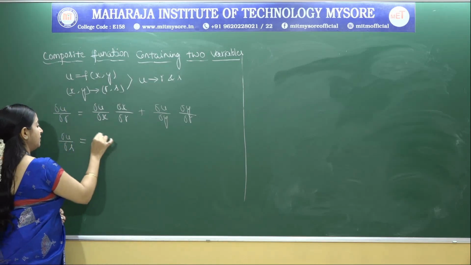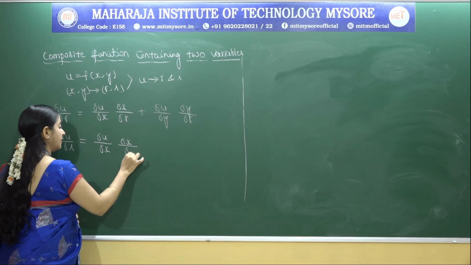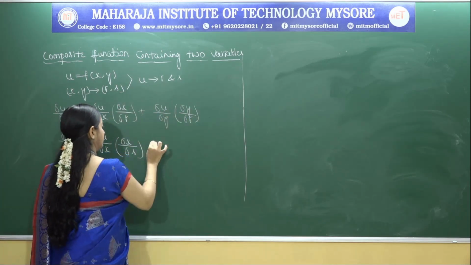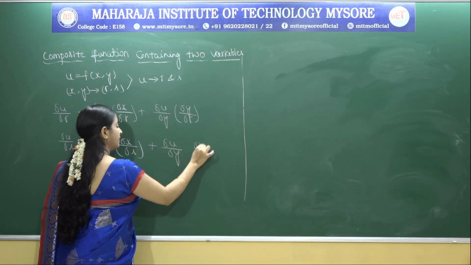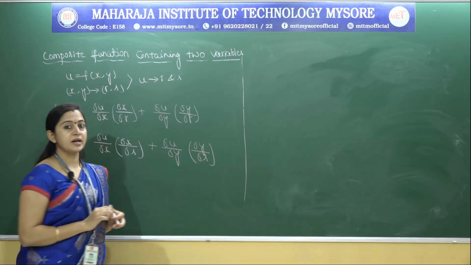Similarly the second part, del u divided by del x into del x divided by del s, plus del u divided by del y into del y divided by del s. This is the second part.